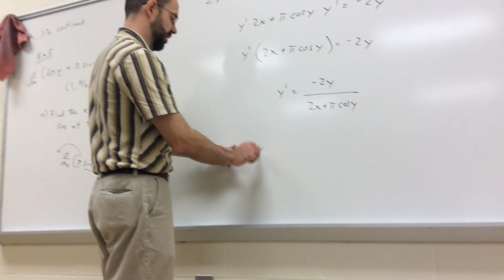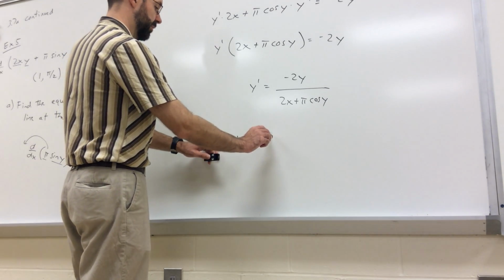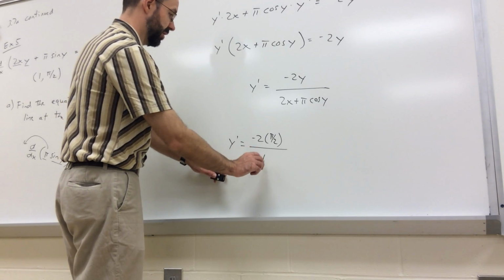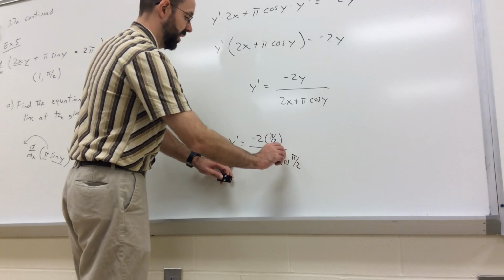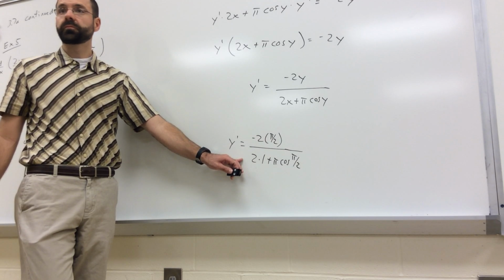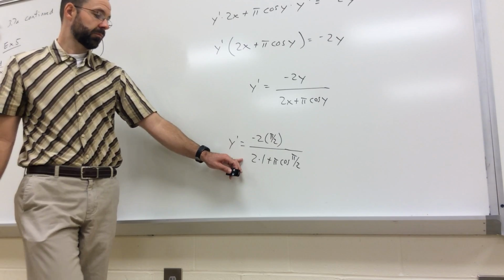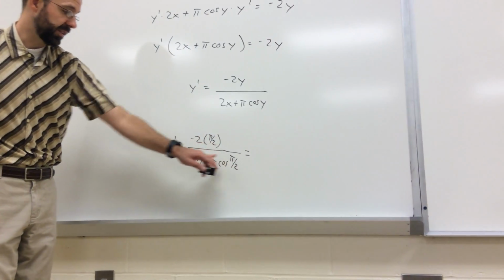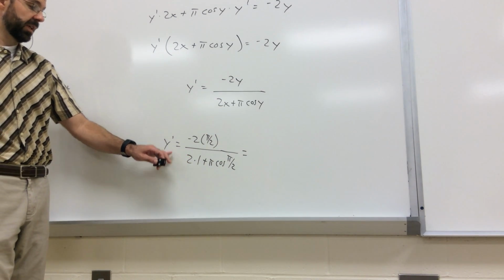So that'll be y prime equals -2 times pi over 2 divided by 2 times 1 plus pi times the cosine of pi over 2. So I just stuck a pi over 2 in for the y's and a 1 in for the x to find out the slope at that particular location.